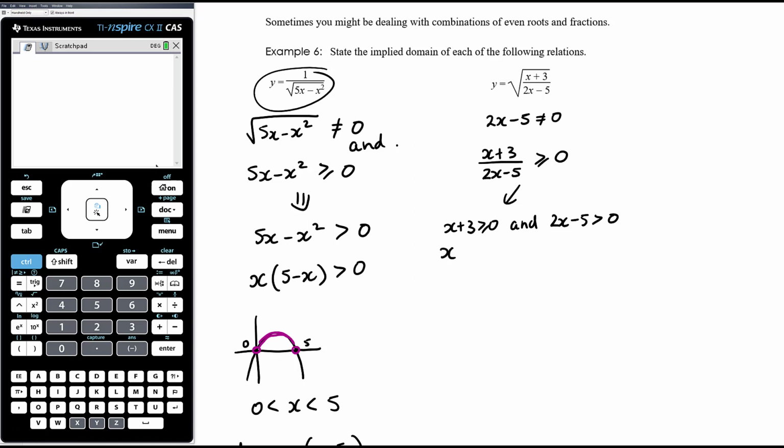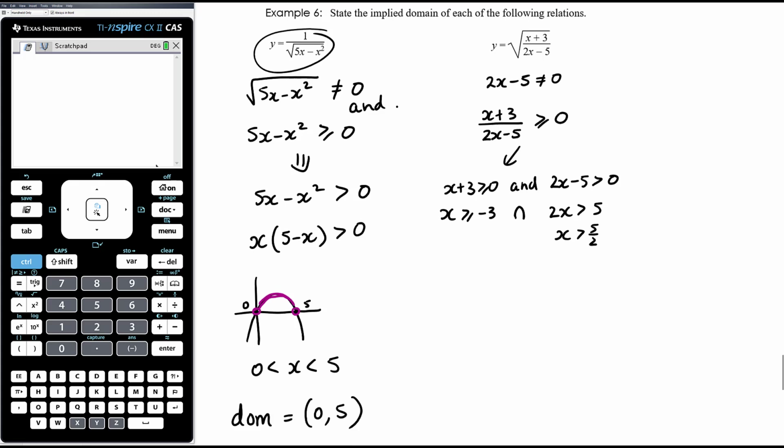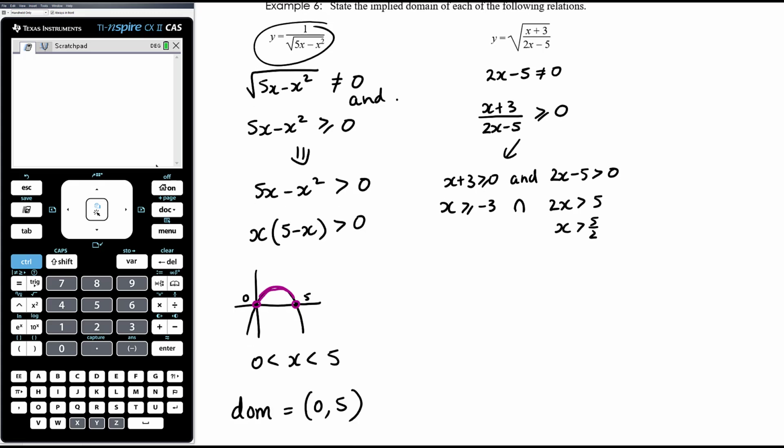So that means if x is bigger than or equal to negative 3 and, so intersection, if 2x is bigger than 5, if x is bigger than 5 on 2. So we need the intersection of those two values. So if we think about that, here's 0, here's 5 on 2, here's negative 3. If x can be bigger than or equal to negative 3, but it also has to be bigger than 5 on 2, the intersection of those two things is just bigger than 5 on 2.